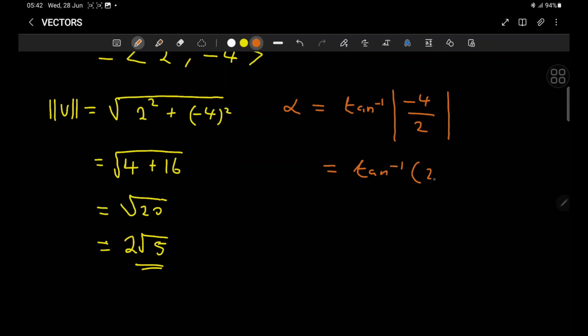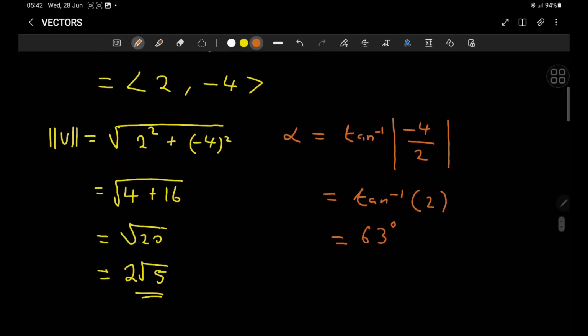So that is just tan inverse of 2. The tan inverse of 2 is 63. So we pick the nearest whole number. That's 63. So this 63 is our reference angle.